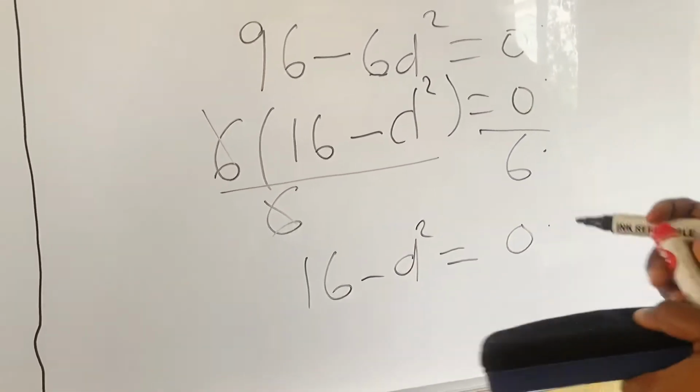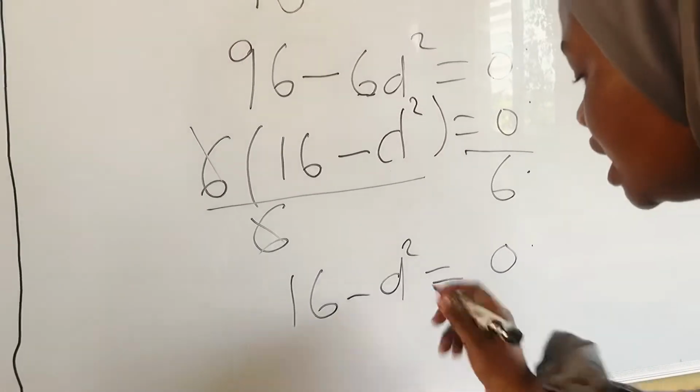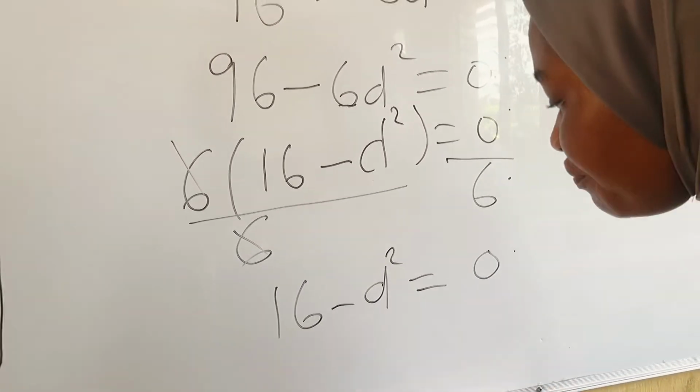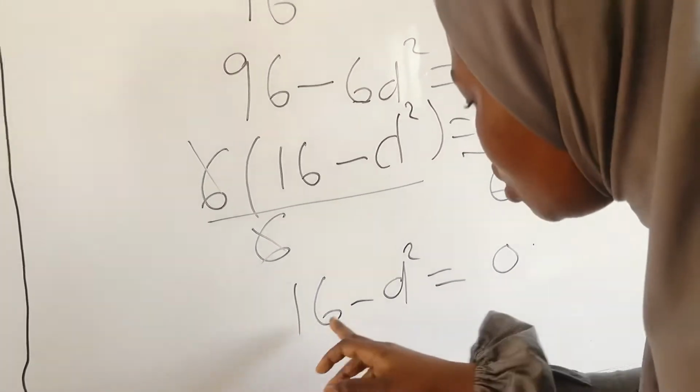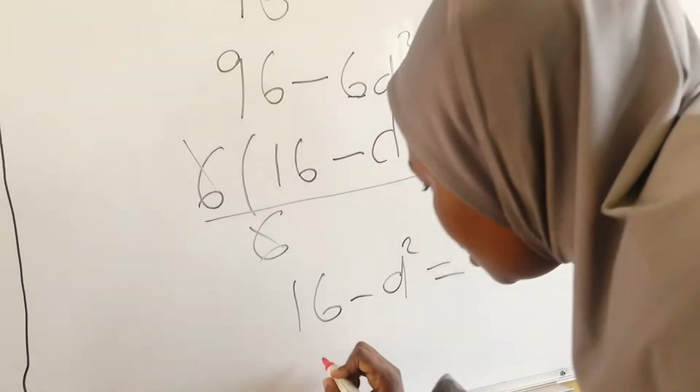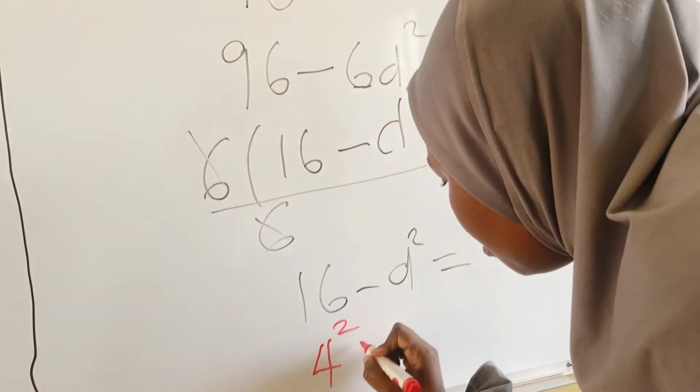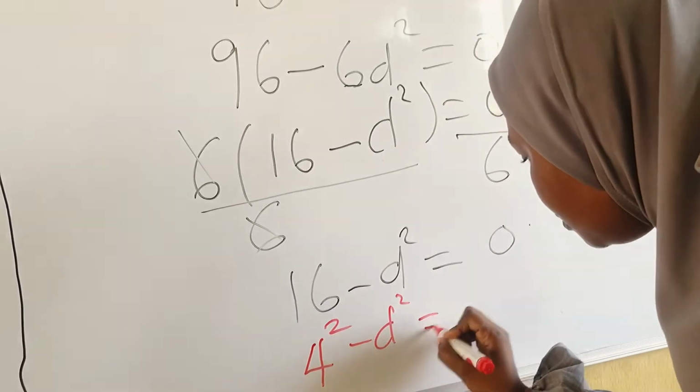This one, if you look at it very well, is in the form of difference of two squares because 16 is a perfect square. It is the same thing as 4 squared minus D squared is equal to 0.